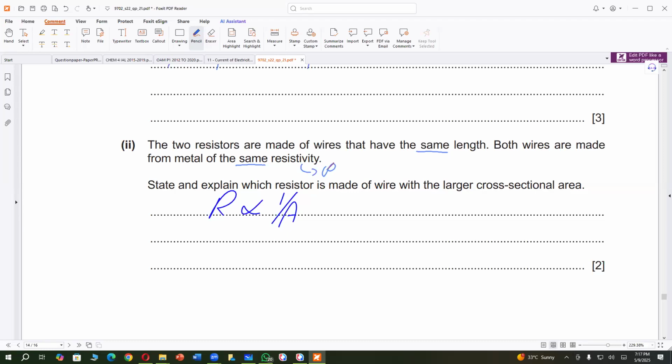Remember, resistance is inversely proportional to area. So I want to have Rx greater than Ry. So area is opposite. So area of Y should be greater than area of X.